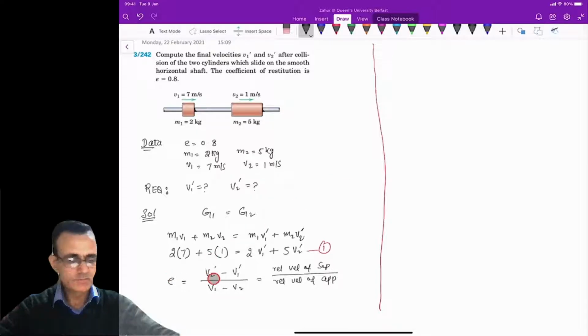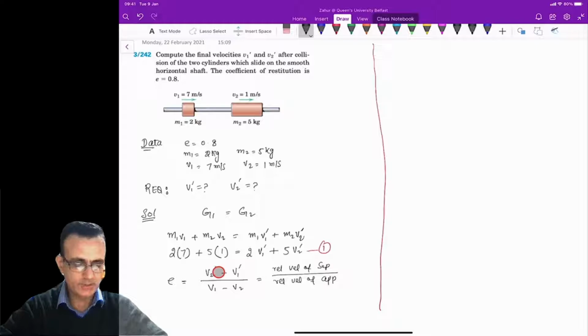So this is the relative velocity of separation, which is after impact, and this is the relative velocity of approach, which is before impact, which is just the difference of the velocities here.